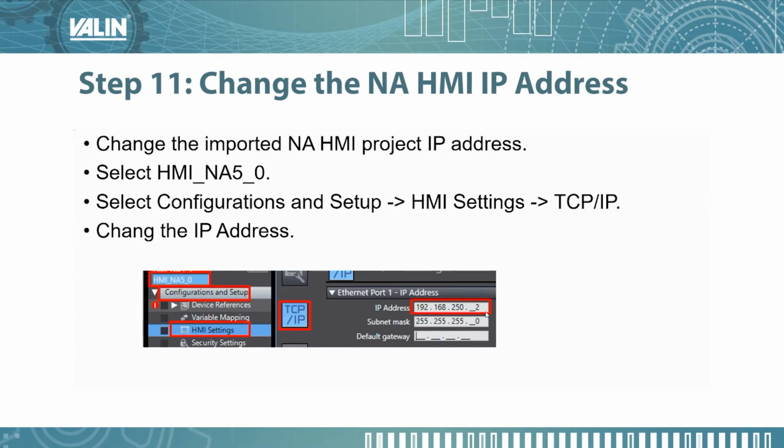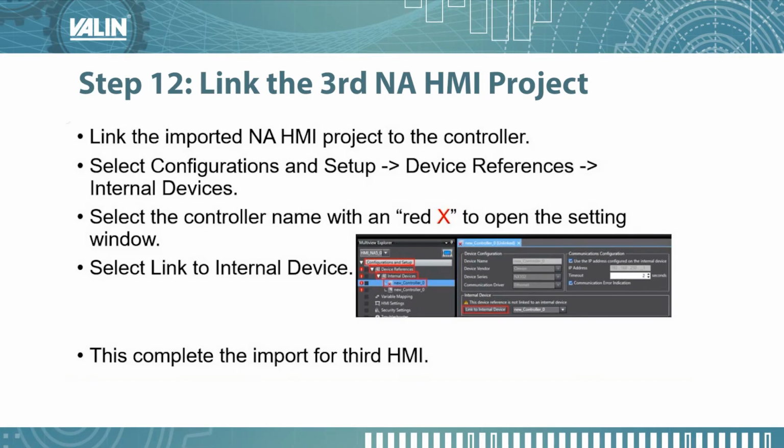In this case, it is 192.168.250.2. You need to link the third NA HMI project to the controller. To do that, you select configuration and setup, then device references, internal devices, and then select the red X, open that setting, and then select link to internal device. And that will complete the import for the third HMI.